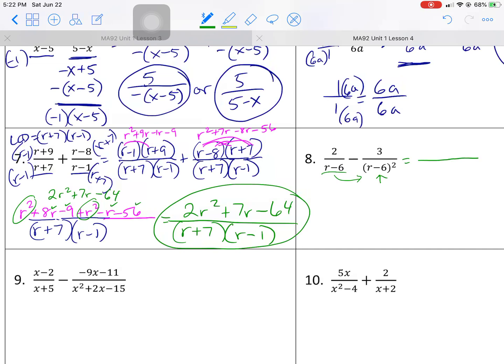You don't have to write this double out if you don't want to. You can go right to the LCD would be this. Which means this got multiplied by that. So you can go to r minus 6 right there.